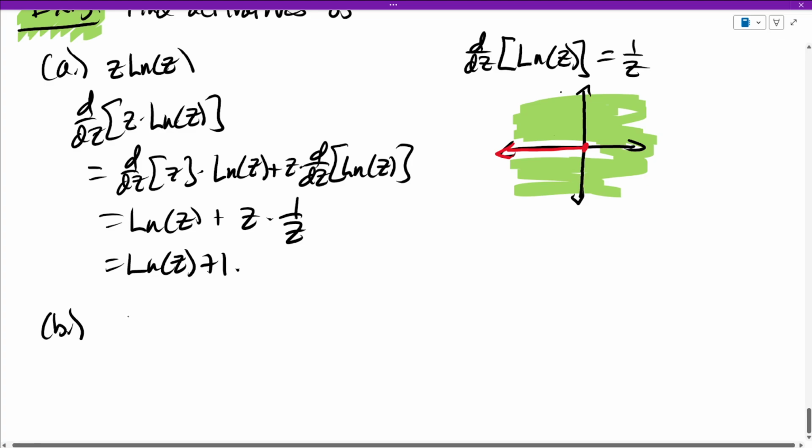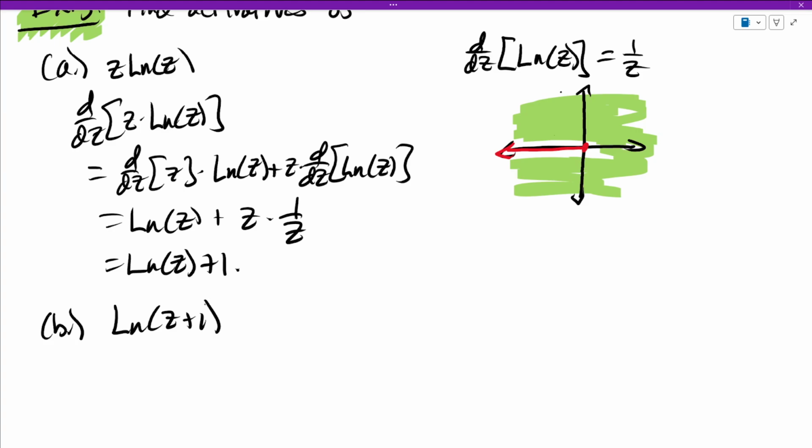What we're going to do is look at log of z plus 1. And this makes sense provided z plus 1 does not have a negative or non-positive real part.